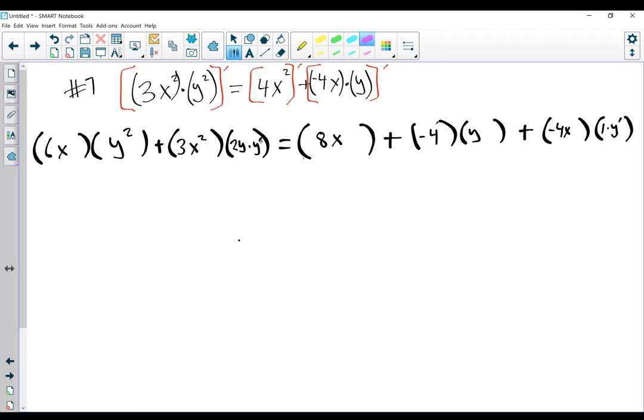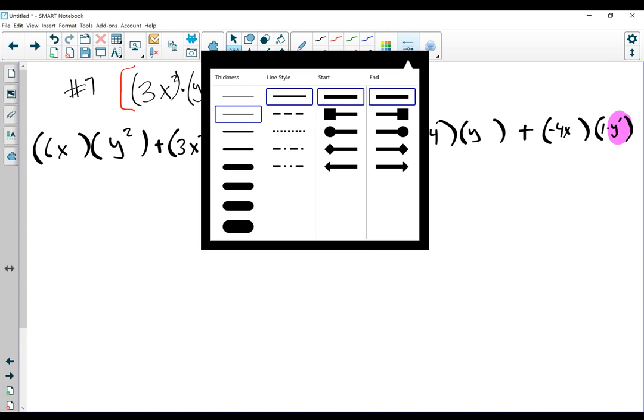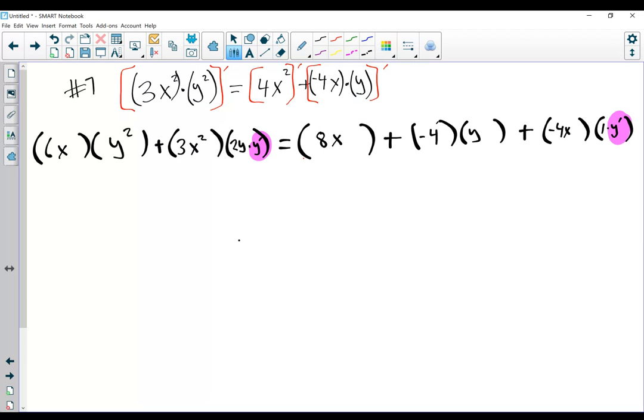I'm going to highlight my y primes in red here to say we have to get those together on one side of the equation. But before I do that, I'm going to rewrite this so it has a slightly cleaner look. This is just 6xy squared. This product will be 6, that's from the 3 and the 2, x squared y times y prime.